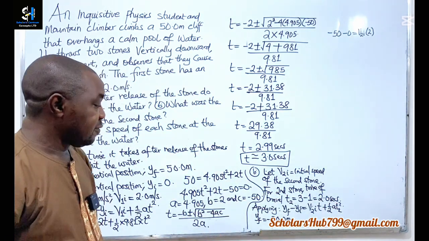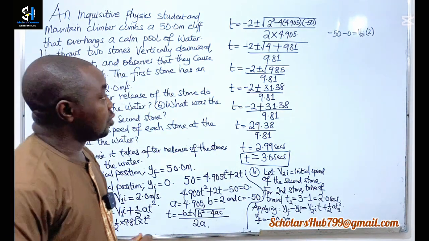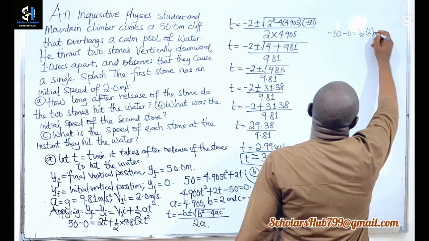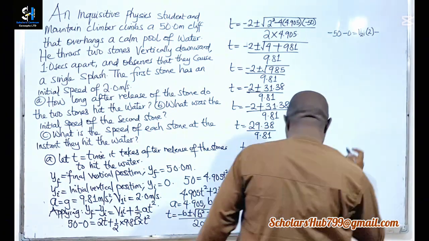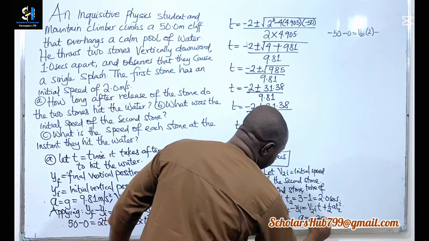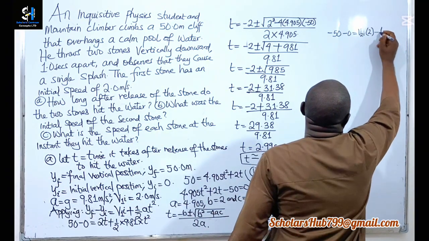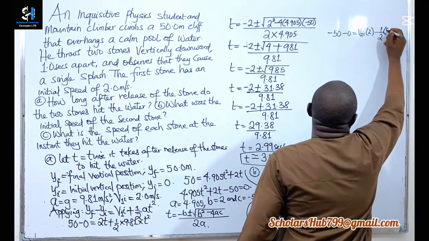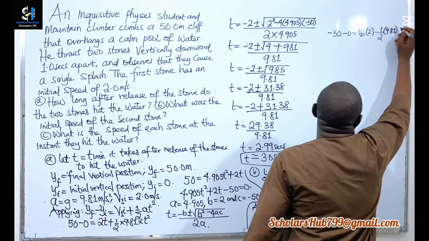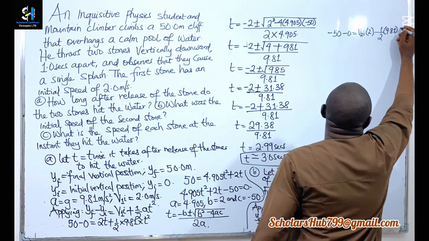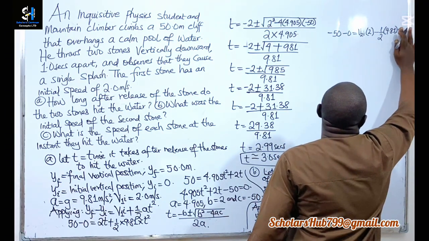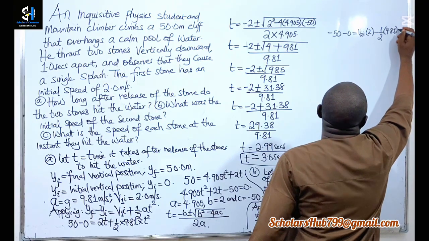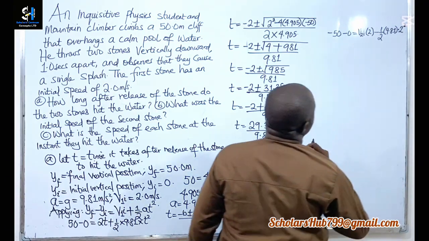Then the acceleration will also be negative. In this case, a will be minus g, so we have 1/2 of 9.81 times t squared, that is times 2 raised to the power of 2.